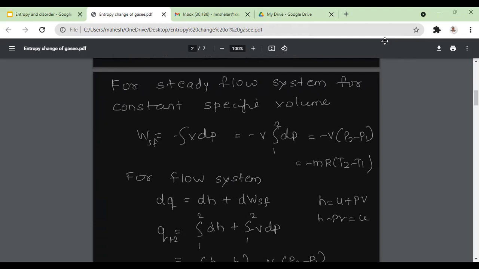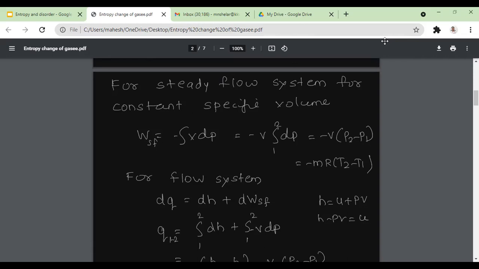Because the specific volume is constant, we can take V outside the integral, and that becomes minus V into P2 minus P1. Using the gas equation PV is equal to mRT, this expression is minus mR into T2 minus T1. So this expression gives us the work transfer.